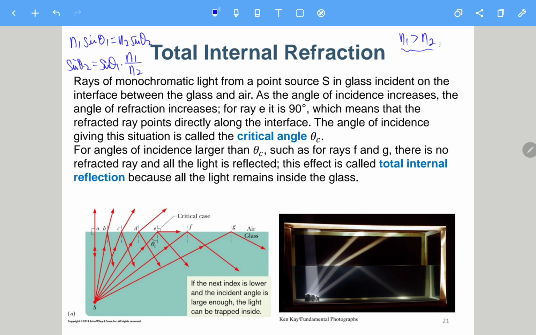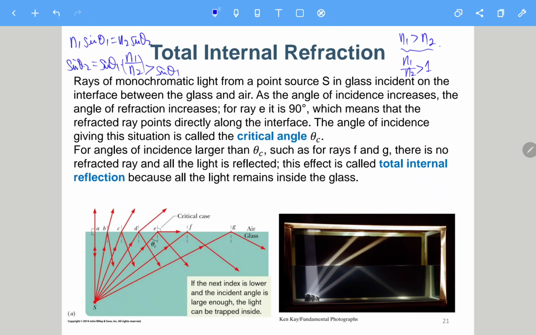And here we assume n1 is larger than n2, which means that n1 over n2 is larger than 1, because they are positive numbers. So this is strictly larger than sine of theta 1.